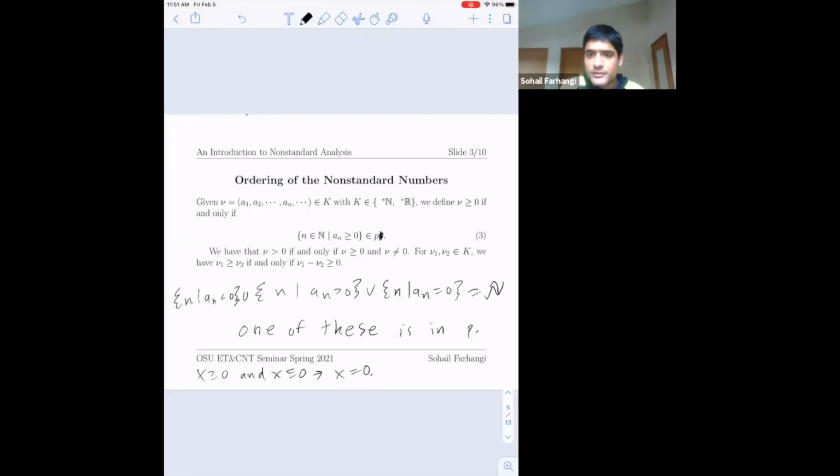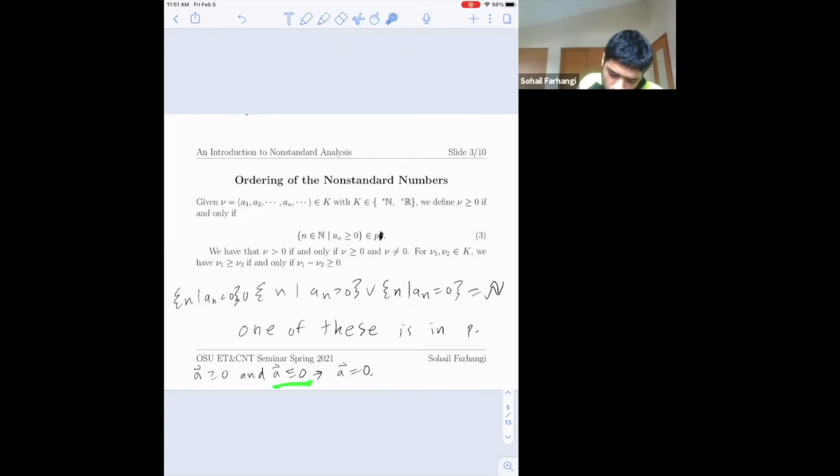Yeah. So this would mean that, since I already wrote A, if A is bigger than or equal to 0, then the union of these two sets is in the ultrafilter.